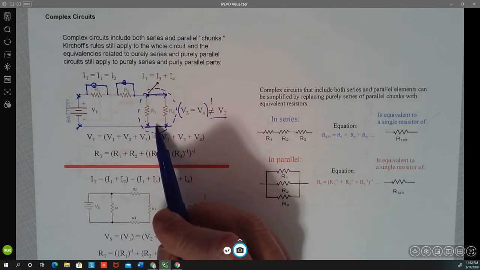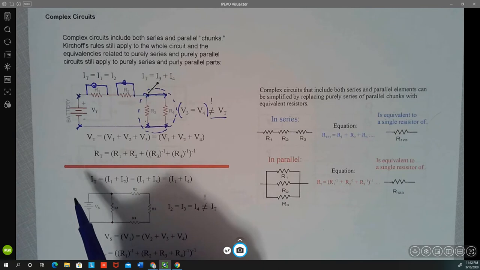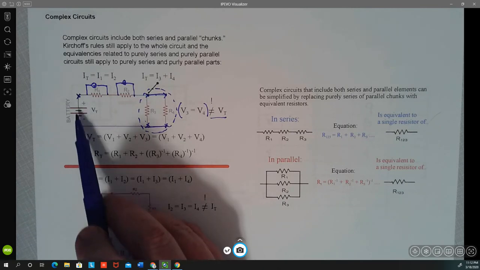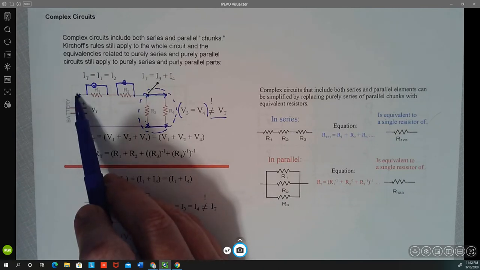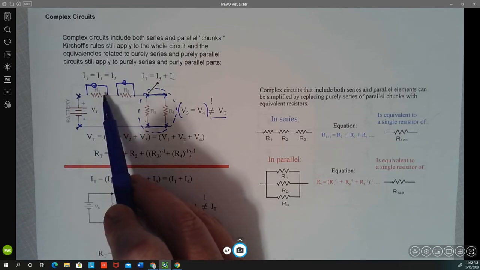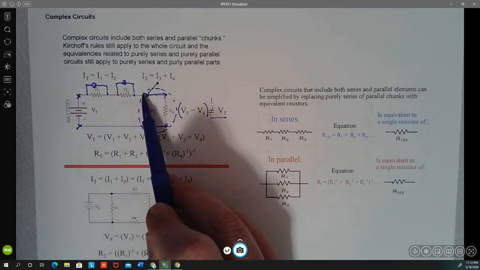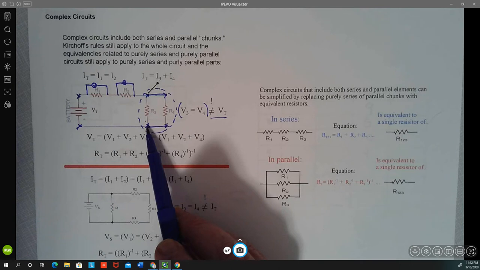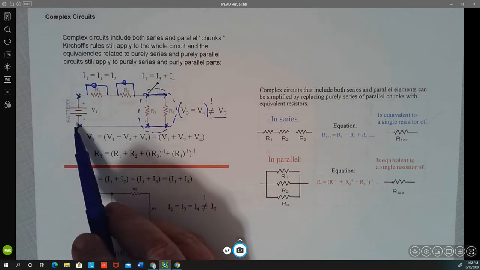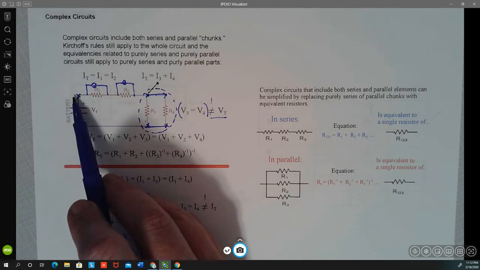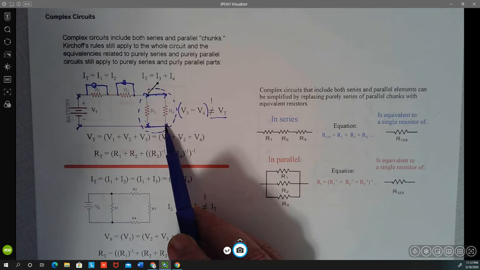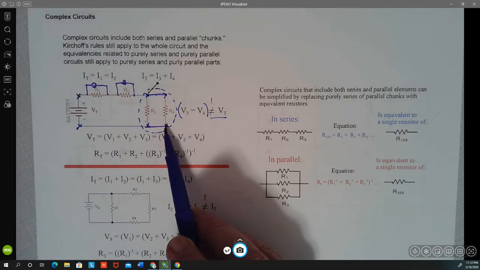If you think about this from a loop rule perspective, the voltage gained across the battery here would be lost across resistor 1 and 2 or 3, or that voltage gained across the battery would be lost across resistor 1 and 2 or 4. So it's going to be one of those two paths through the circuit.